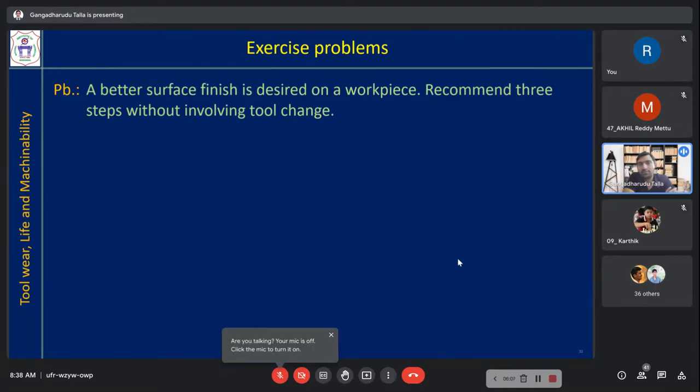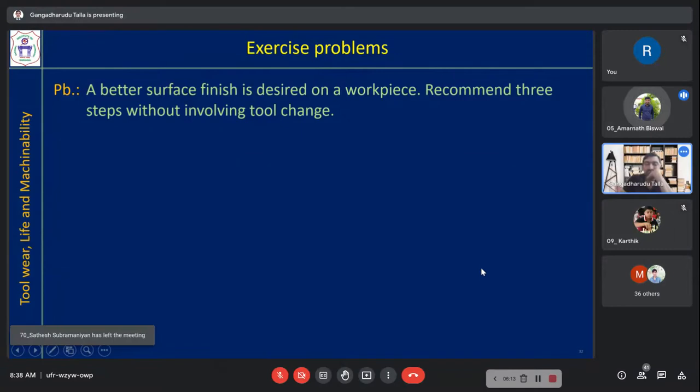How can you improve the surface finish? Sir, adjusting the rake angles, speed. Speed is one thing. Rake angle is one answer, but here it is directly given: recommend 3 steps without involving tool change. If you are talking about a rake angle change, that means you are changing the tool, or at least grinding the tool.